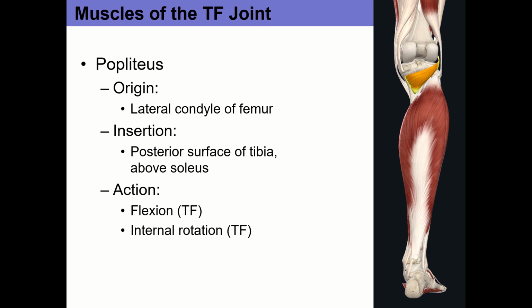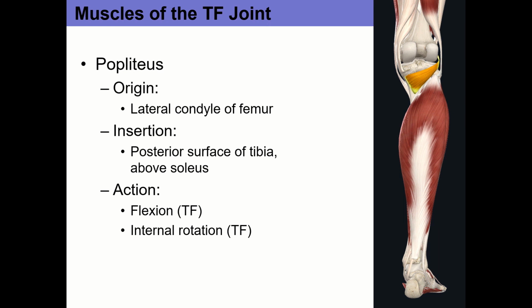Popliteus. So Popliteus is a knee flexor, but it is primarily an internal rotator of the knee. So you see the origin there. So the lateral condyle of the femur, so just above the condyle, and then that posterior medial surface of the tibia. So Popliteus, knee flexor, and then internal rotator.